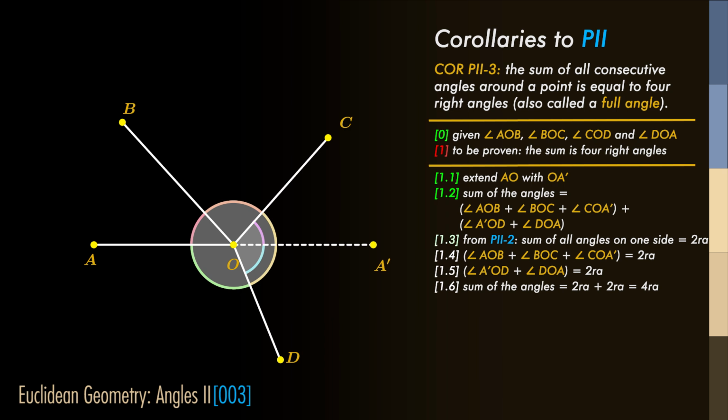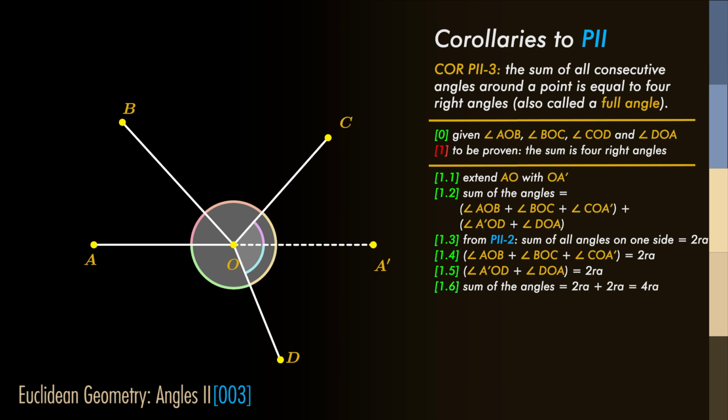And since the sum of all adjacent angles on one side of a line is equal to a straight angle, we can say that all the angles on one side of AA prime have a sum of two right angles, and all the angles on the other side of AA prime have also a sum of two right angles.